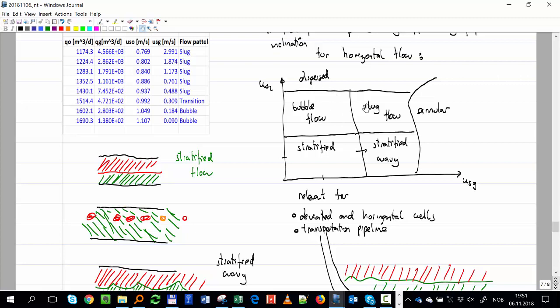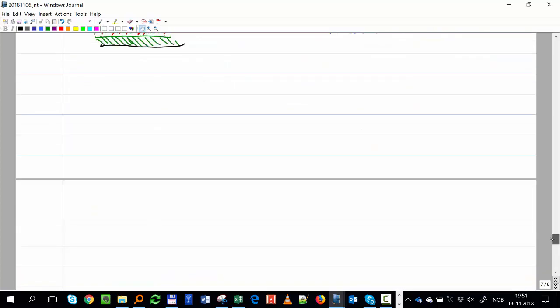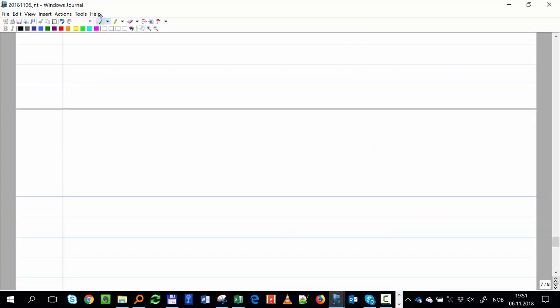It's just a major jump. So this discussion is about what affects the transitions in the flow pattern map.